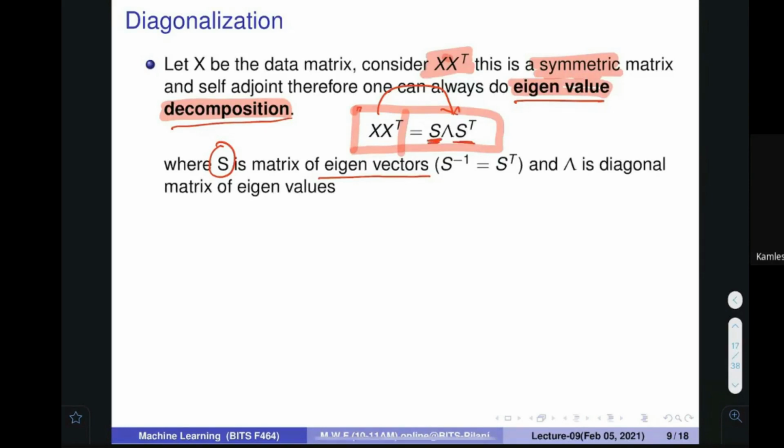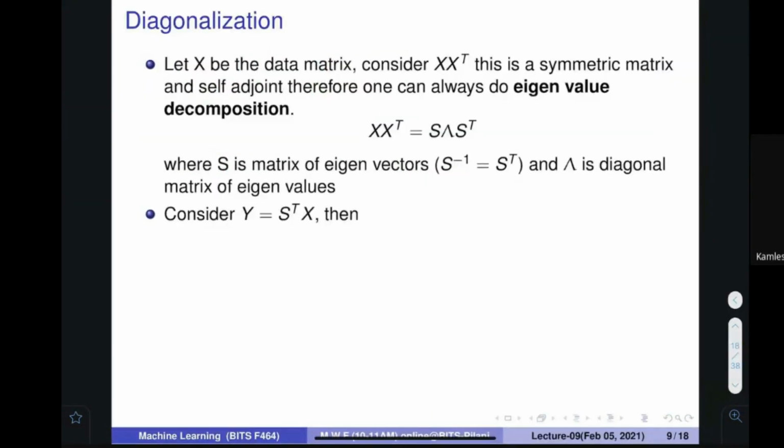And this is the transpose of that, and in between there is lambda, a diagonal matrix of eigenvalues. So eigenvectors and eigenvalues are there.